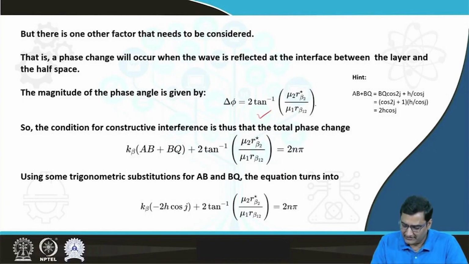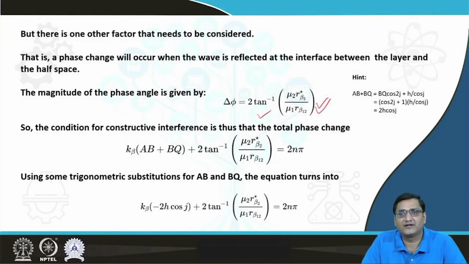So you have seen this particular term in the previous class as well when we were deriving the equation for the Love wave. In order for the wave to exist at the interface, we considered that the wave's amplitude is decaying with respect to depth.